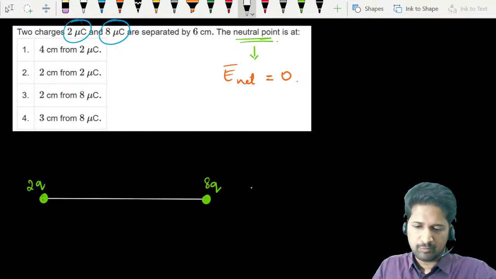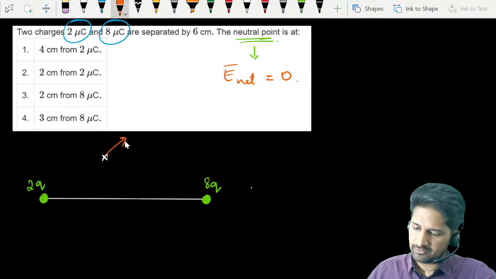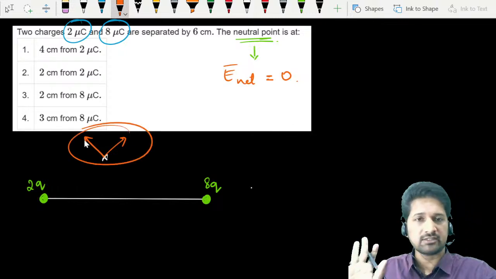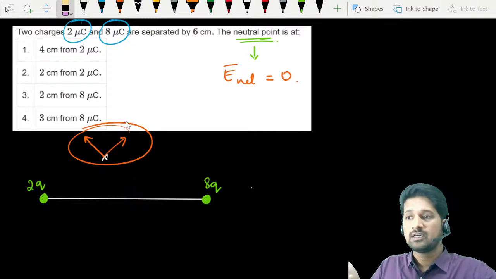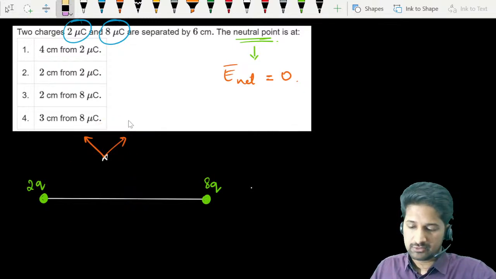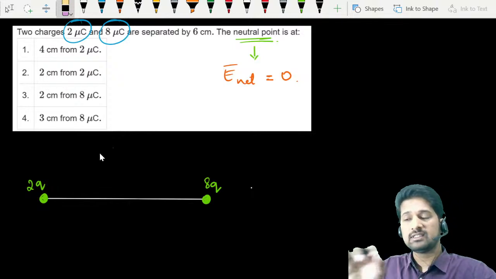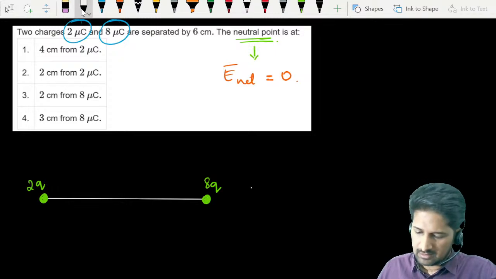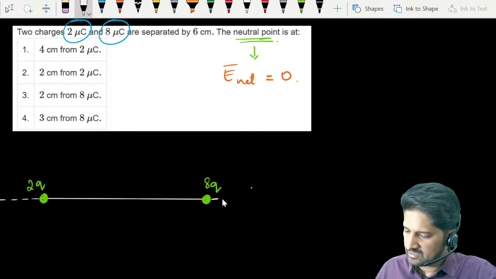It cannot be outside the line, because if one charge produces a field this way, and another charge produces a field this way, these two have no chance of getting cancelled. If they don't get cancelled, how will the net field become zero? So net field becoming zero is only possible along the line connecting the charges. Now the line connecting the charges can be extended up to infinity on either side.